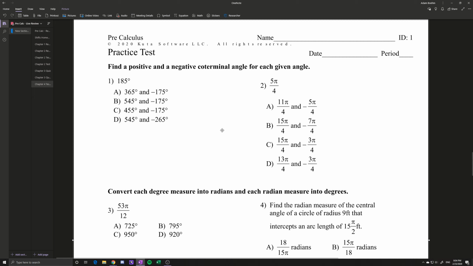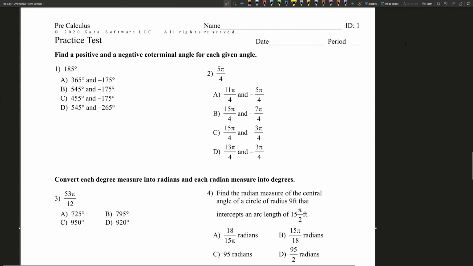Okay. Starting with number 1, we want a positive and a negative coterminal angle, so we need 2. So we need to add or subtract 360 such that we get a positive and a negative coterminal angle.